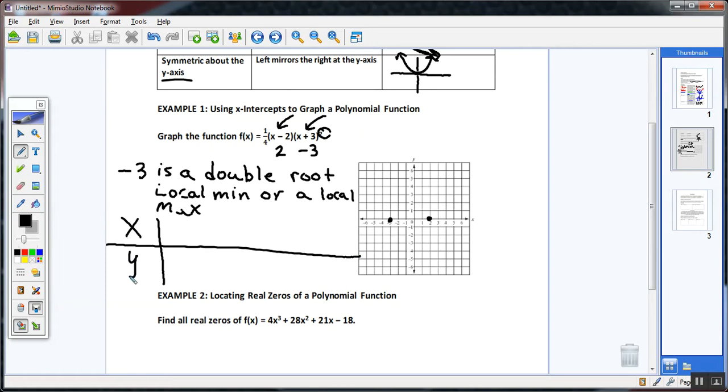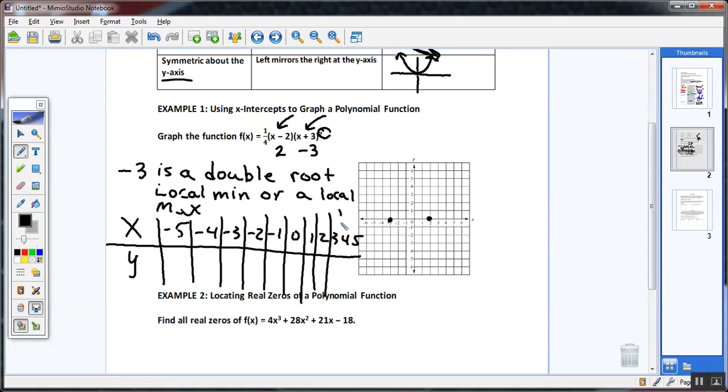How many kids do I have? 1, 2, 3, 4, 5, 6, 7, 8, 9, 10. Beautiful. I'm going to start at negative 5 and go all the way up to positive 5. We're going to make a collection of points for this.